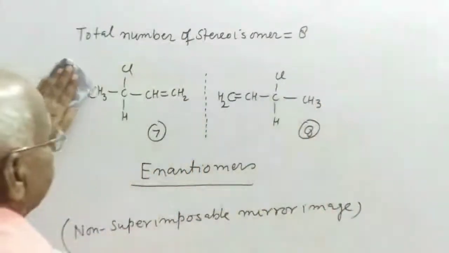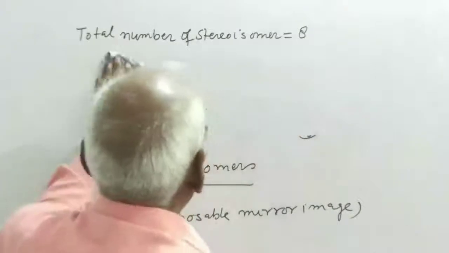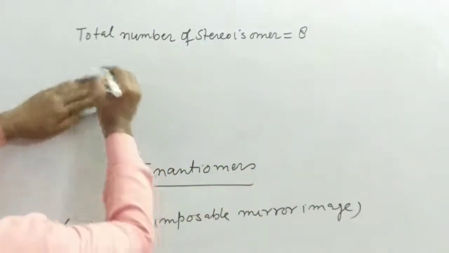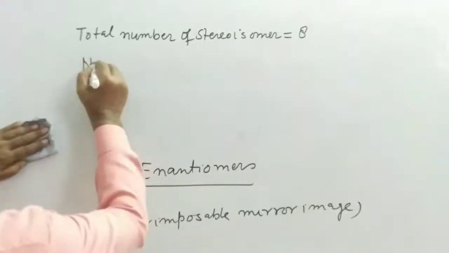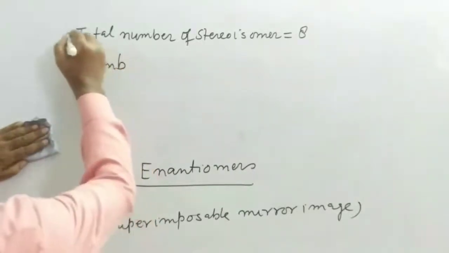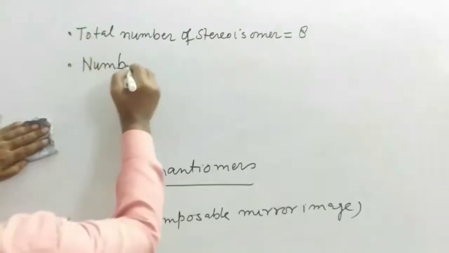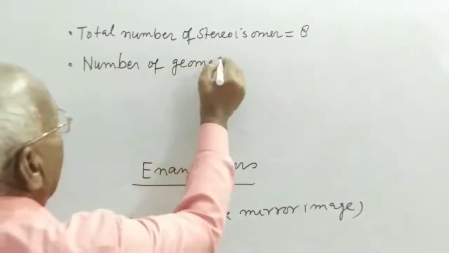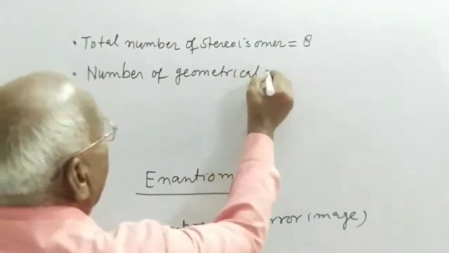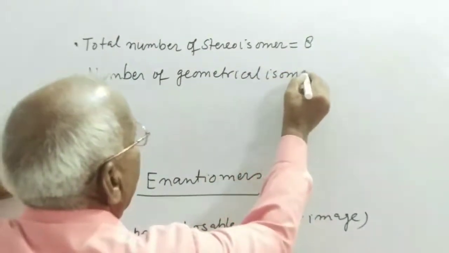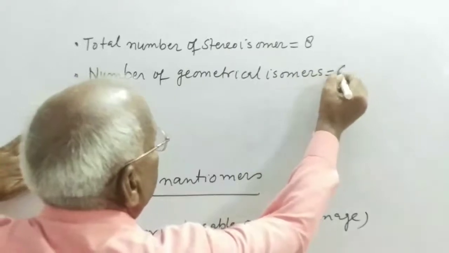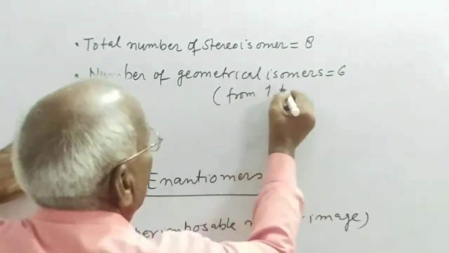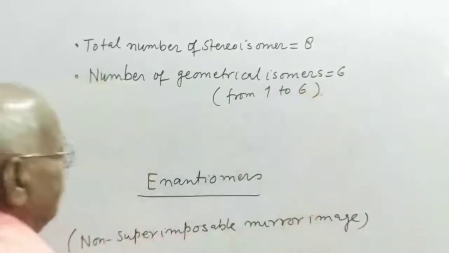Out of which 6 are geometrical isomers. The number of geometrical isomers is equal to 6, from 1 to 6.